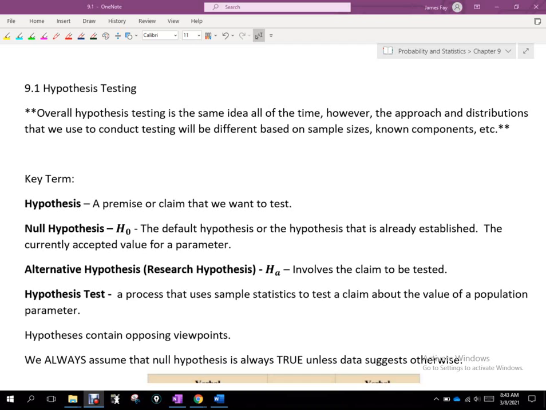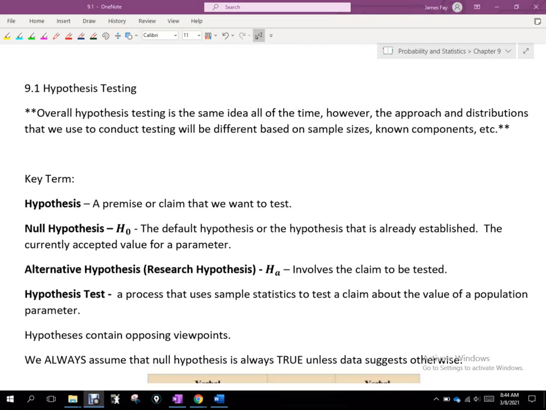All right. A hypothesis contains opposing viewpoints. So your null hypothesis, once we establish that, your alternative hypothesis will be the opposite. Your null hypothesis always includes equality.